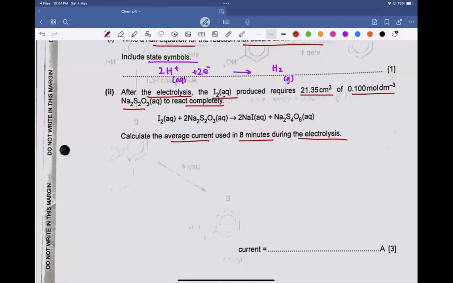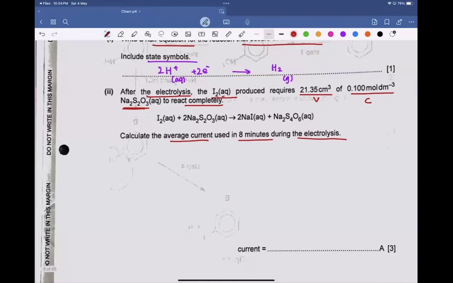Okay. So this is the volume and this is the concentration of this substance. So from this, can I calculate the moles of sodium thiosulfate? Why am I calculating the moles of sodium thiosulfate? Because I am given the concentration and volume of thiosulfate only.